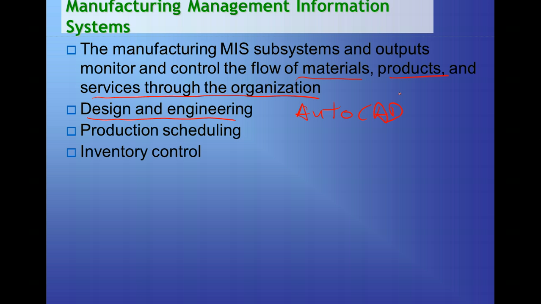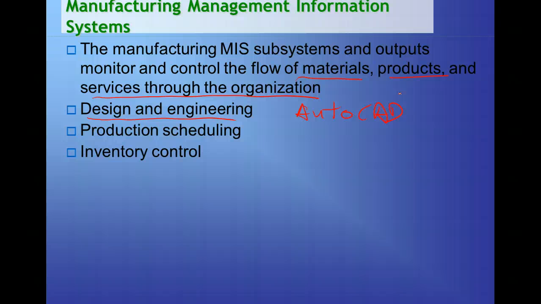For example, Boeing, which produces aircraft, will use a CAD system to develop a digital blueprint of an aircraft before they start to manufacture the real thing. All this technology helps Boeing to reduce its manufacturing costs and the time to design a new aircraft.